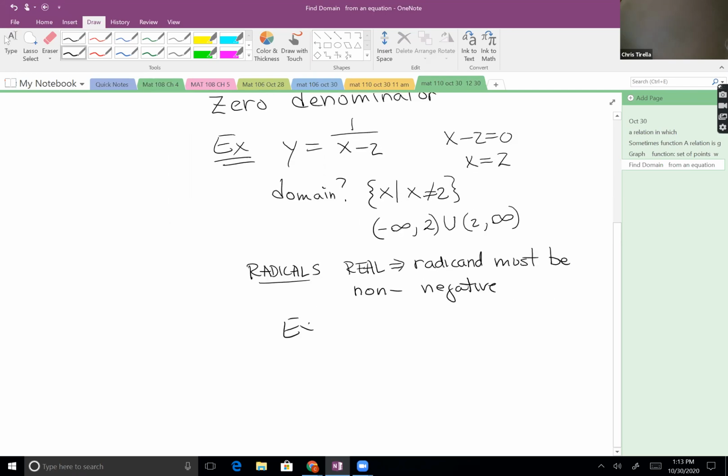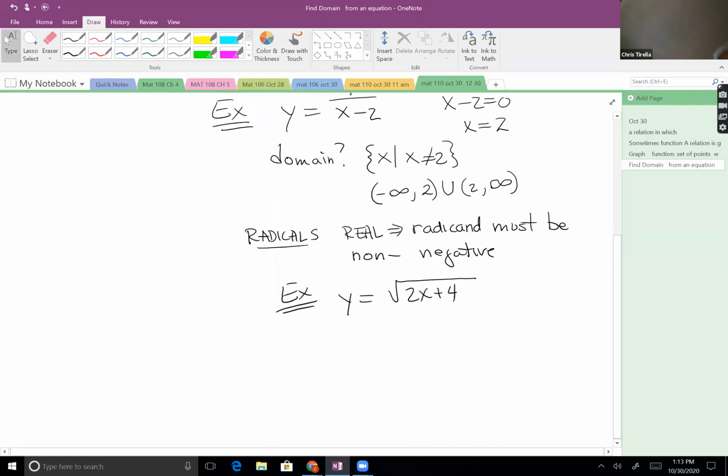So what would that look like? Let's say I have y equals the square root of 2x plus 4. If the radicand is non-negative, that means what's underneath the radical, 2x plus 4, can't be negative. It has to be greater than or equal to 0. That's the way we would write symbolically non-negative.